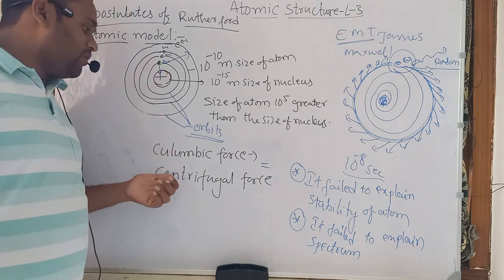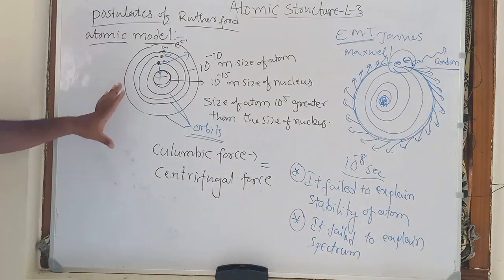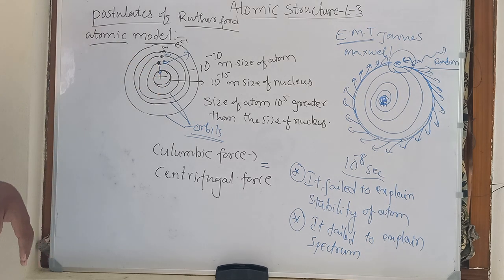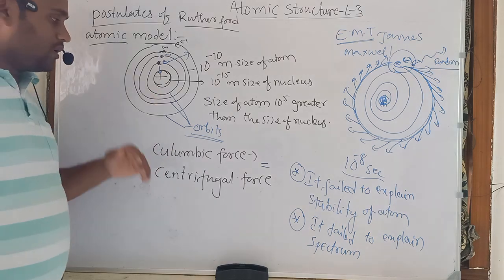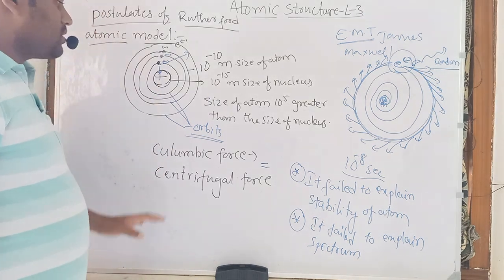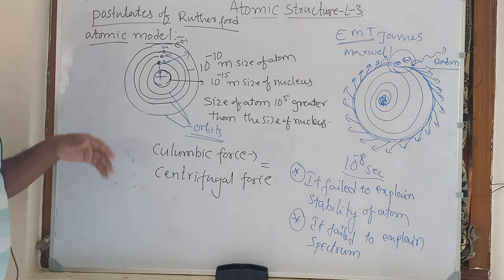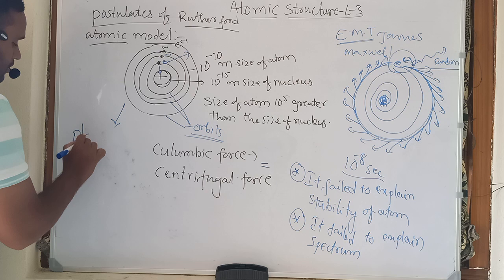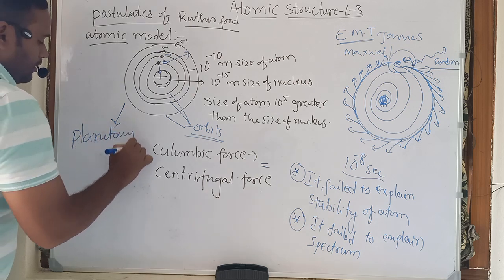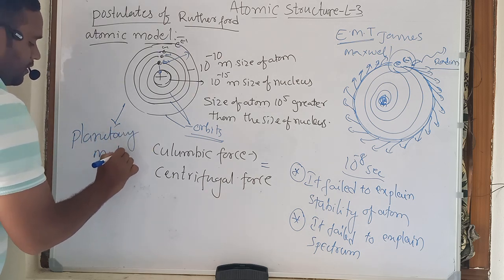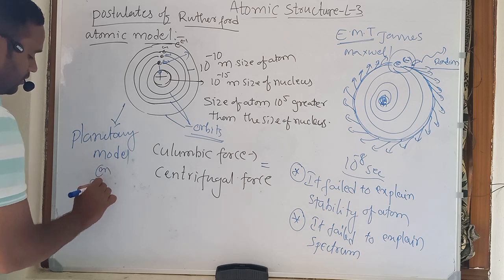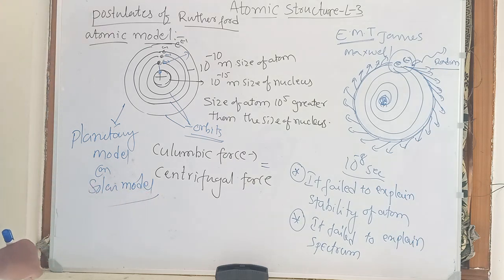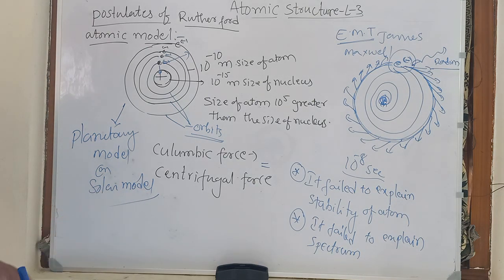Here both Coulombic forces and centrifugal forces are equal between the electron and the proton. That's why the electrons continuously revolve in the orbits. This resembles the solar system, which is why it is also called a planetary model or solar model. So these are the important points in the Rutherford atomic model.